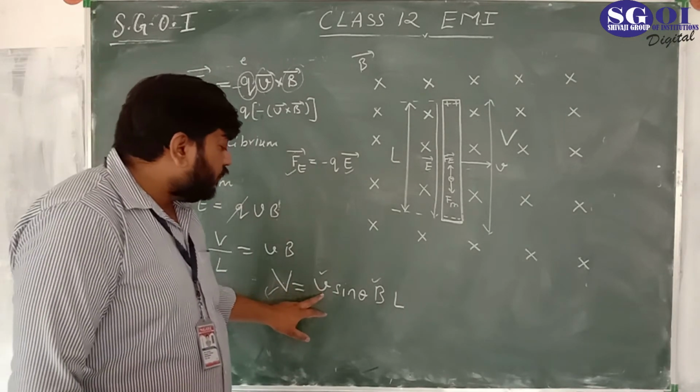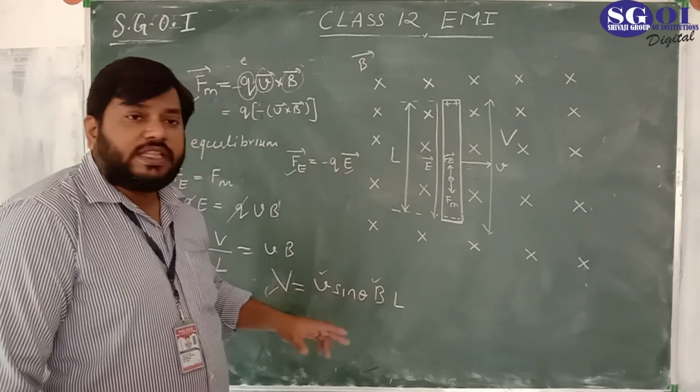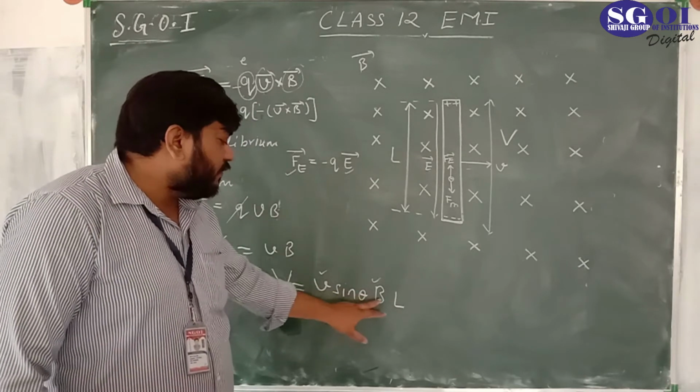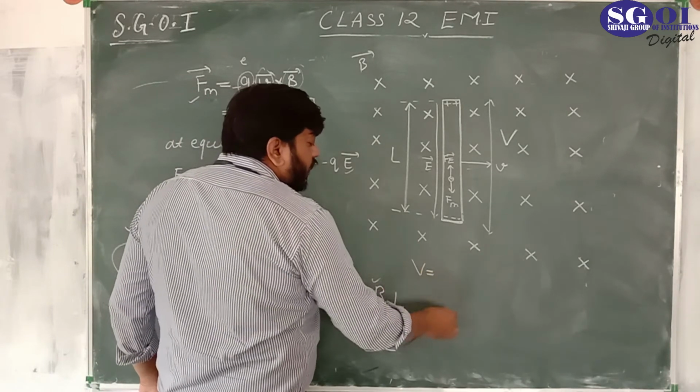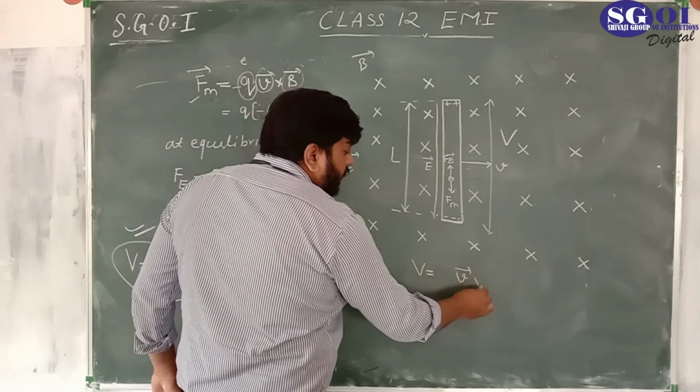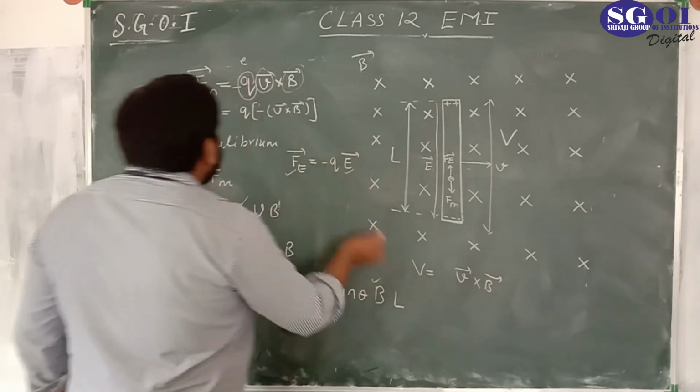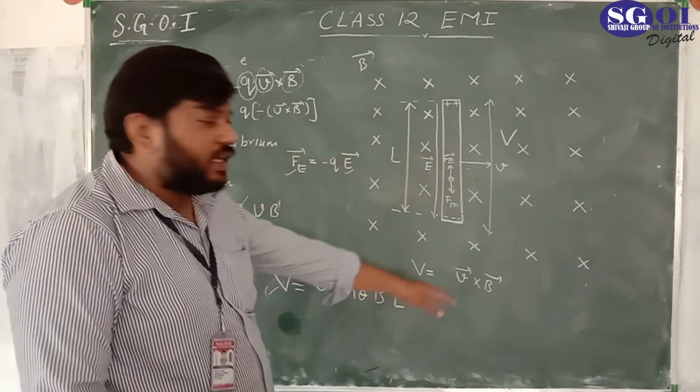Since sin theta comes with two vectors, there is a cross product between v and B. So we can write this in vector form: v cross B.